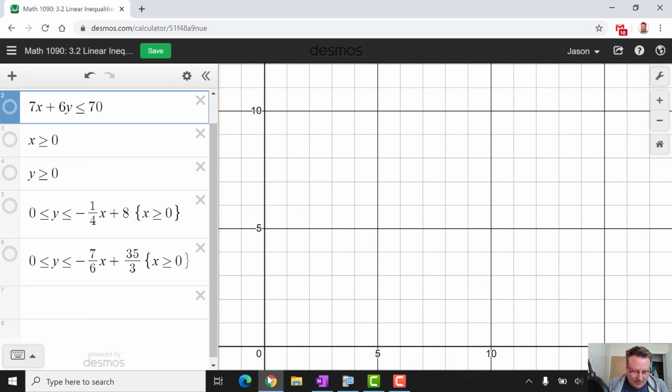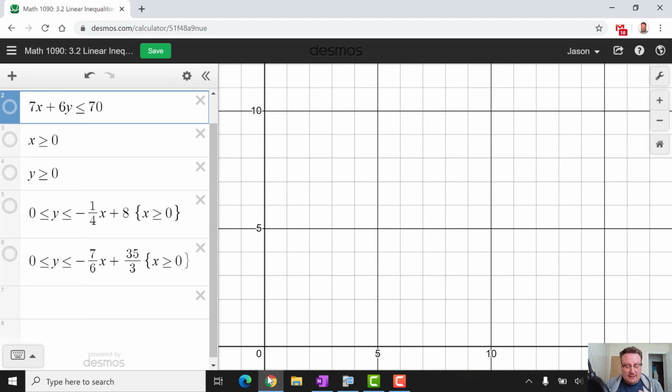And then we can put a domain to this. You can see after the inequality here, this compound inequality, I've added this restriction: x must be greater than or equal to 0, but in curly braces.